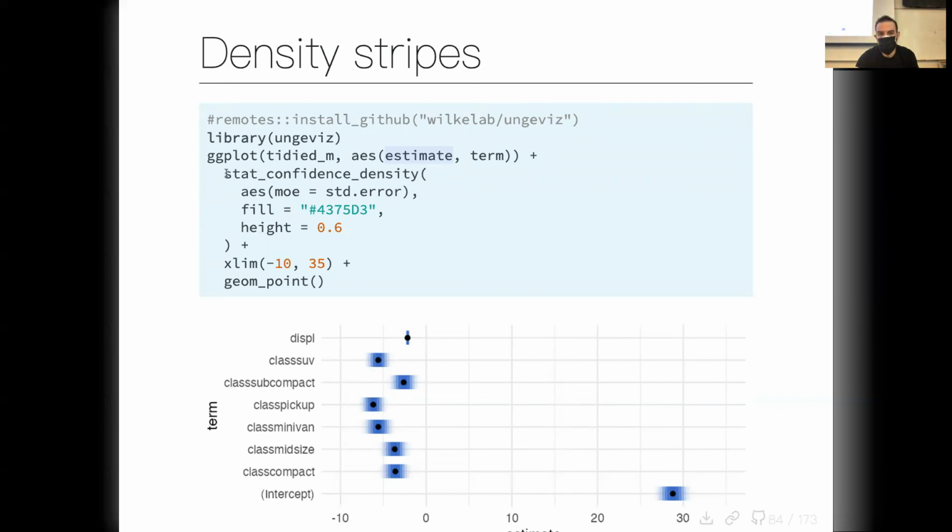But then I have this new function from this package called stat confidence density. I have to feed it this MOE argument, the margin of error, so I'm just going to tell it the standard error is the margin of error. It's going to do the rest of the calculations for me, and then I can give it a fill color if I want. It's going to put a bunch of stripes, little lines in there, and they're going to fade out as it becomes less and less likely.